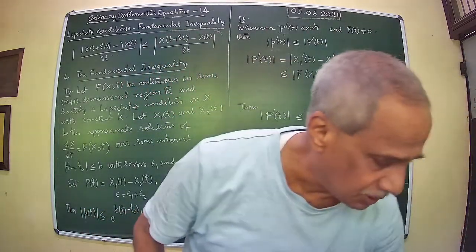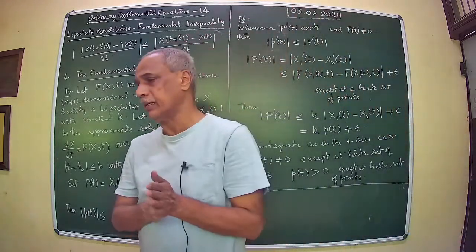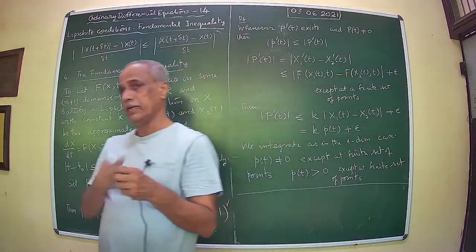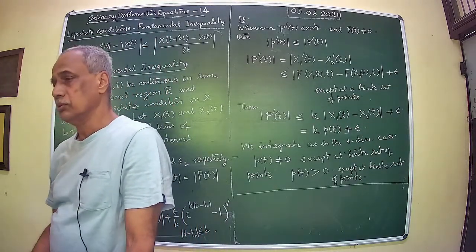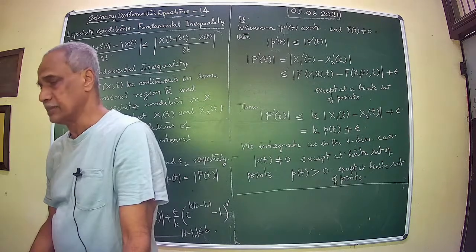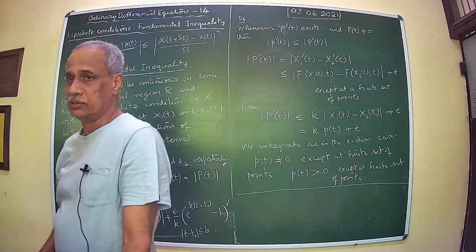Now what I want to say is that the next time, we completely exploit this idea and then go on to prove the existence and uniqueness theorem in the general case.